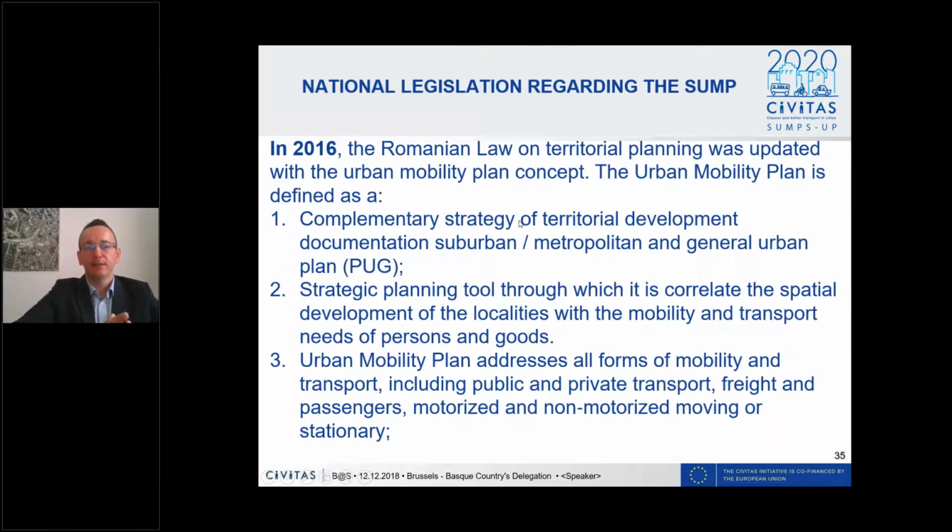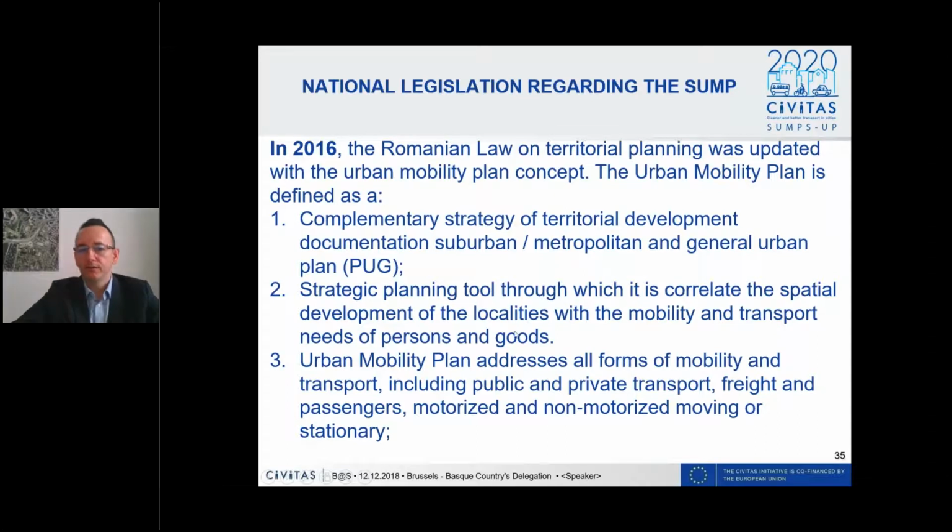As I previously mentioned, in 2013 we started the elaboration of the SUMP, but in 2016 the Romanian law on territorial planning was updated with the urban mobility plan concept. The urban mobility plan became mandatory, and it was defined as a complementary strategy of territorial development documentation, which is complementary to the general urban plan.